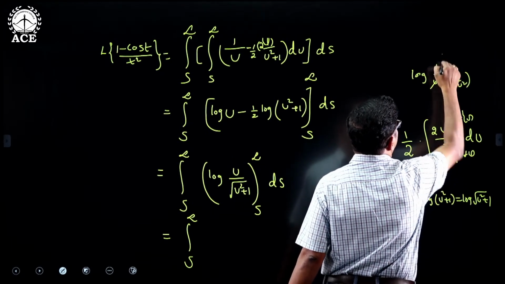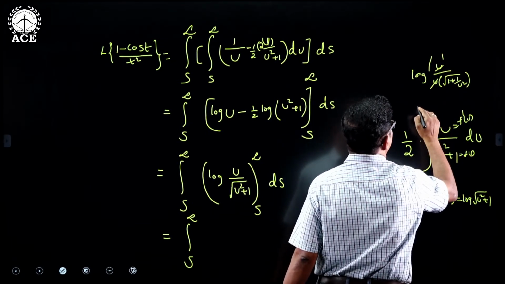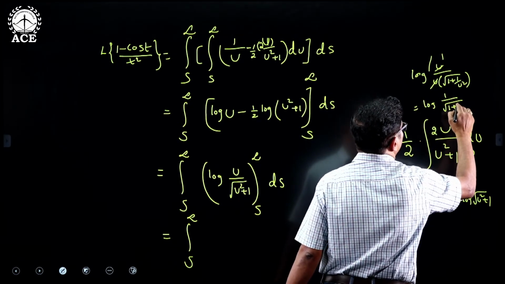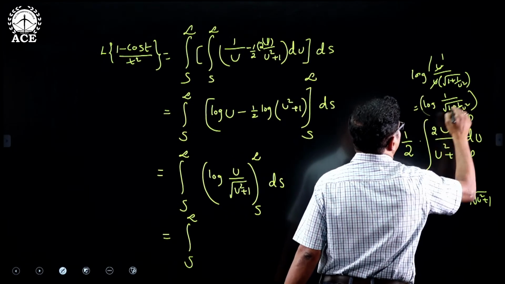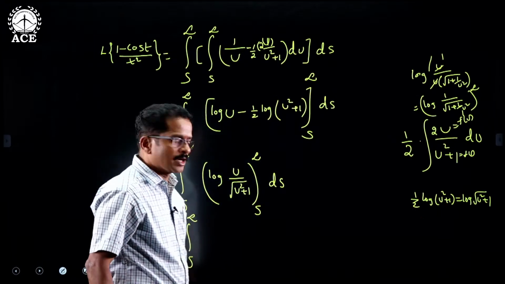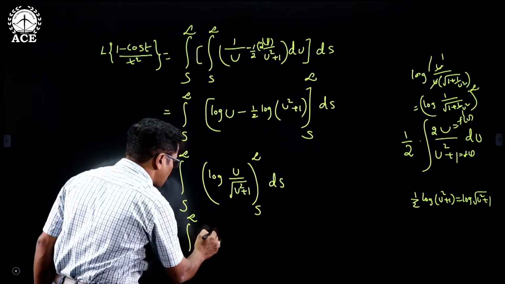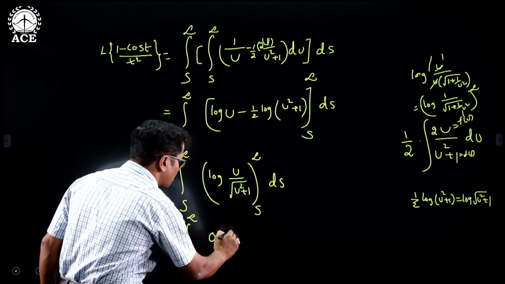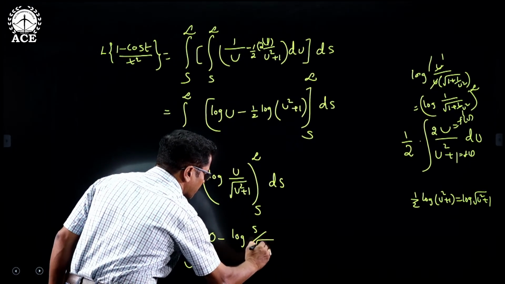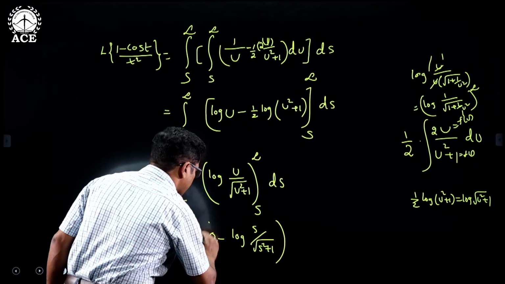So u gets cancelled, and you will get log of 1 by root of 1 plus 1 by u square. For the limit infinity, that is log 1, and log 1 is 0. So for the upper limit it is going to be 0, and for the lower limit it is going to be log s by root of s square plus 1 into ds.